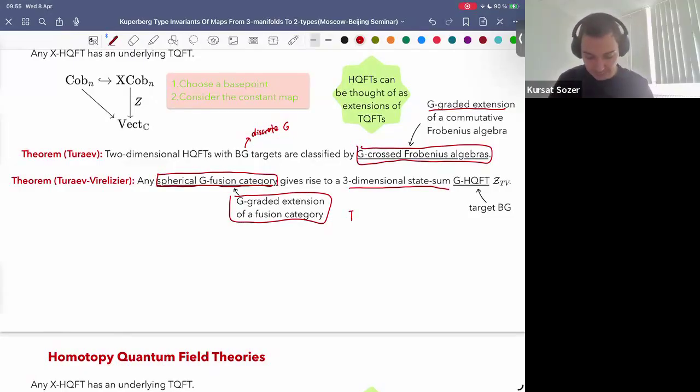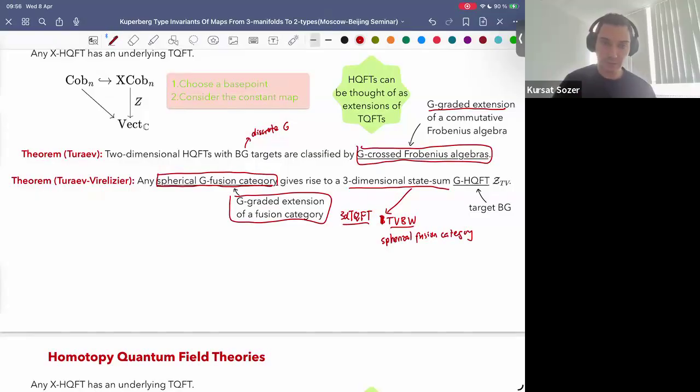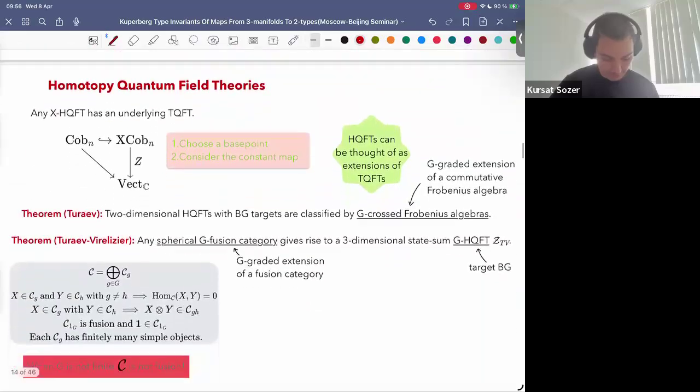In the case of 3D TQFT with state sum construction, the Turaev-Viro, Barrett-Westbury TQFT, the input is a spherical fusion category. For any spherical fusion category, they give a three-dimensional TQFT. So there is an extension of this theory to three-dimensional HQFTs with BG targets. That's what I wanted to say.